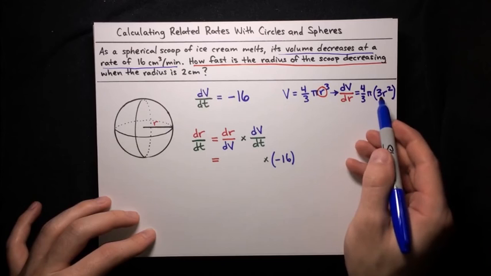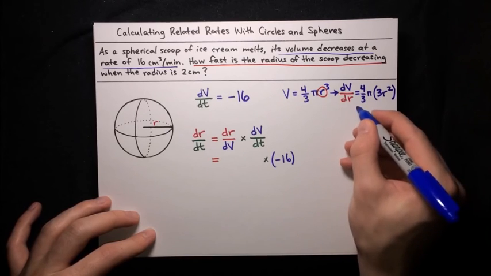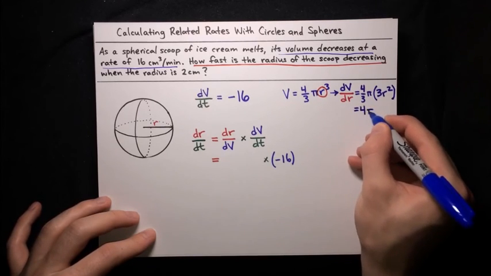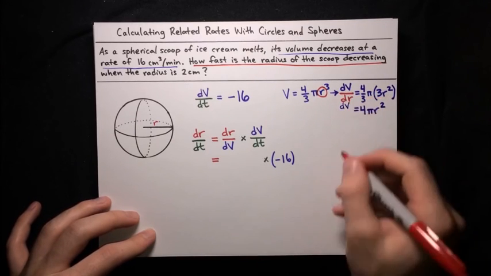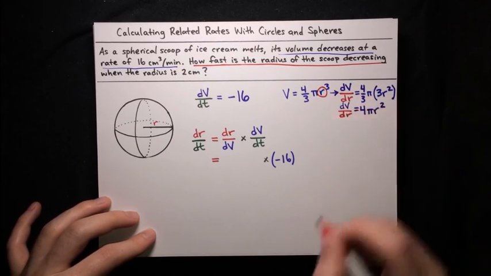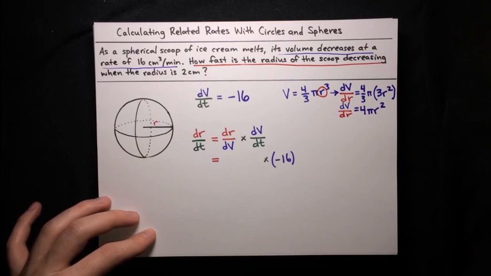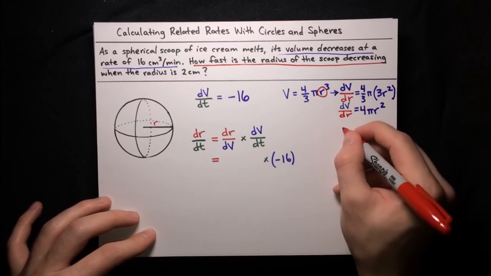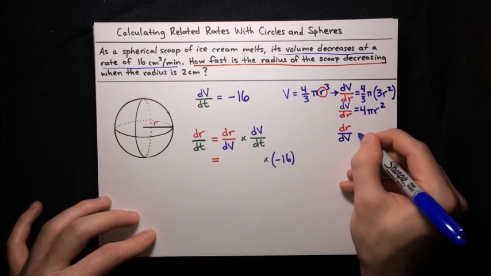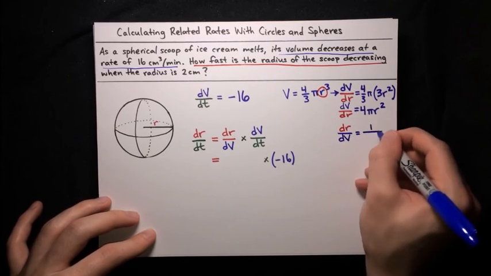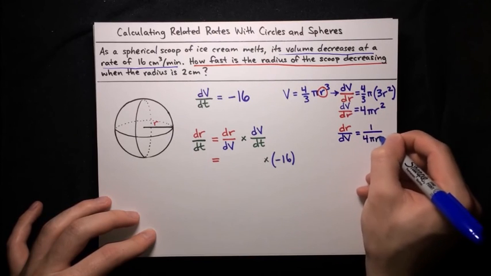The 3 here cancels out with the 3 in the denominator, so this is just 4 pi r². That's what dv/dr is. And now we just take the reciprocal of both sides. So just flip this derivative, dr/dv, and then just flip the other side as well. 1 over 4 pi r².